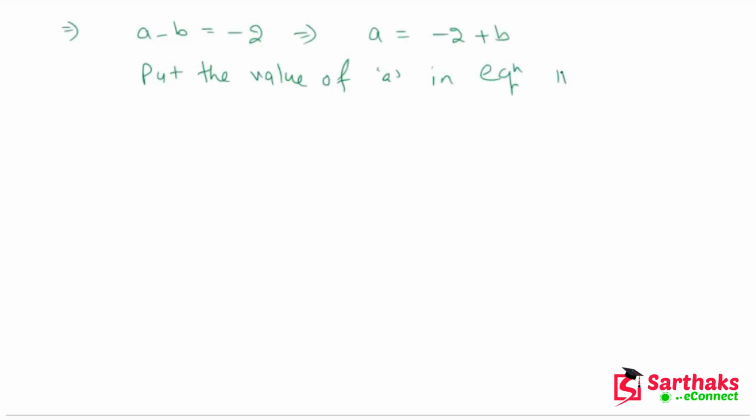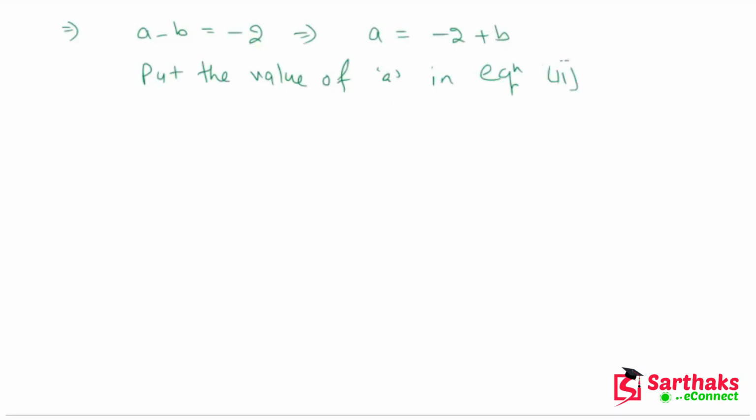Now from these two equations we can easily find the value of a and b. Here we have a minus b is equals to minus 2. From this equation we can find a is equals to minus 2 plus b. Now put the value of a in equation second.